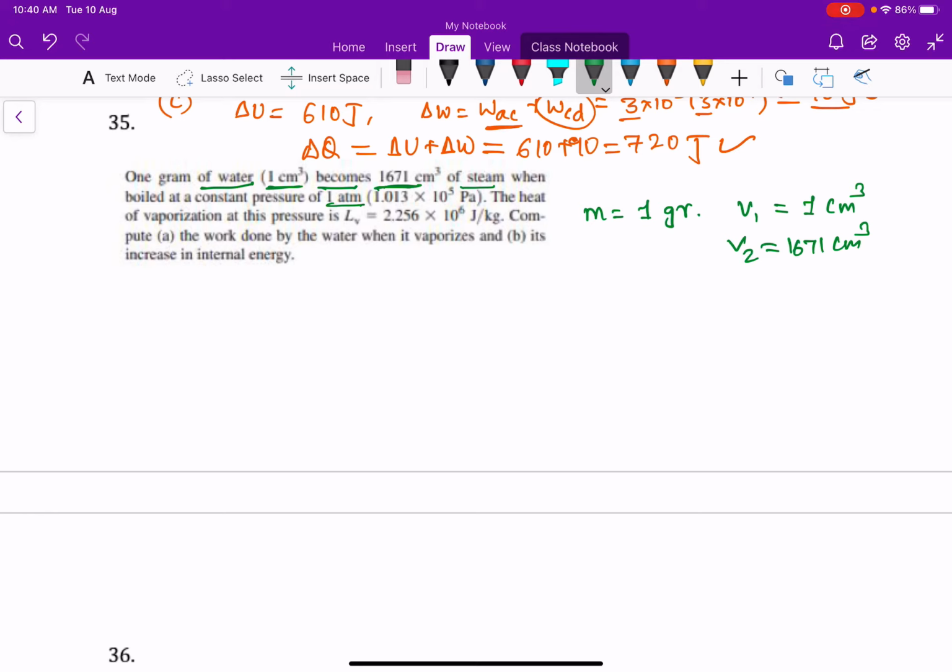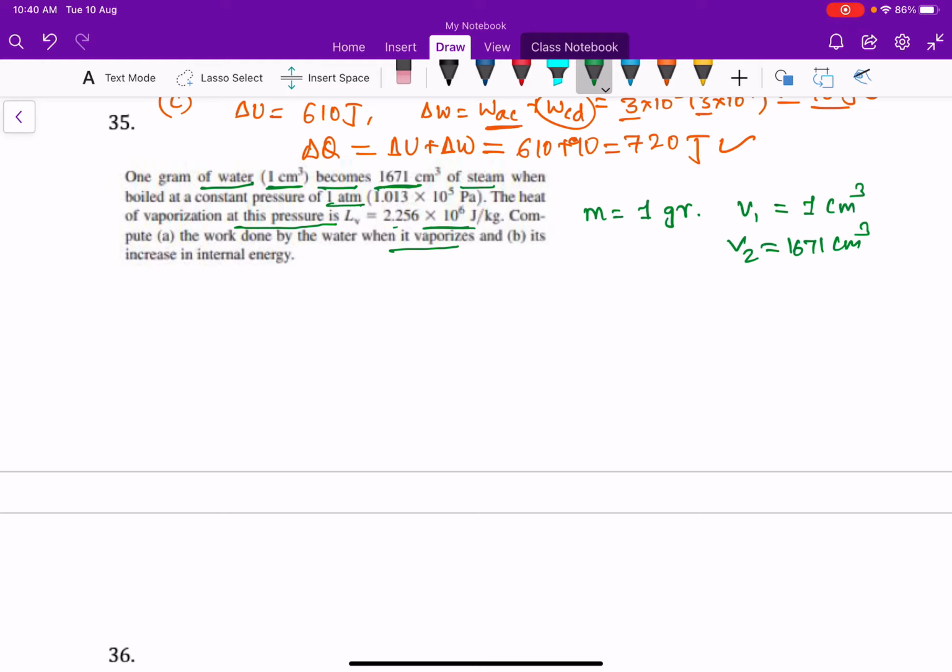The heat of vaporization at this pressure is 2.256 into 10 to the power of 6 joules per kg. Compute the work done by the water when it evaporates and its increase in internal energy.